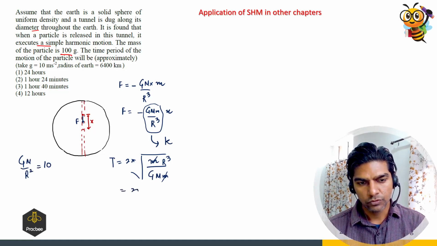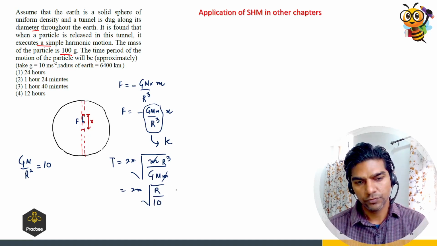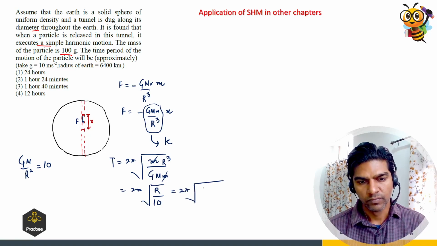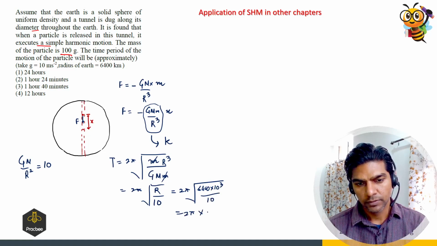So this can be written as 2 pi root R divided by 10. And what is R? R is given as 6400 kilometers. So it will be 2 pi root of 6400 into 10 raised to power 3 divided by 10, and this will be 2 pi times 80 times 10.